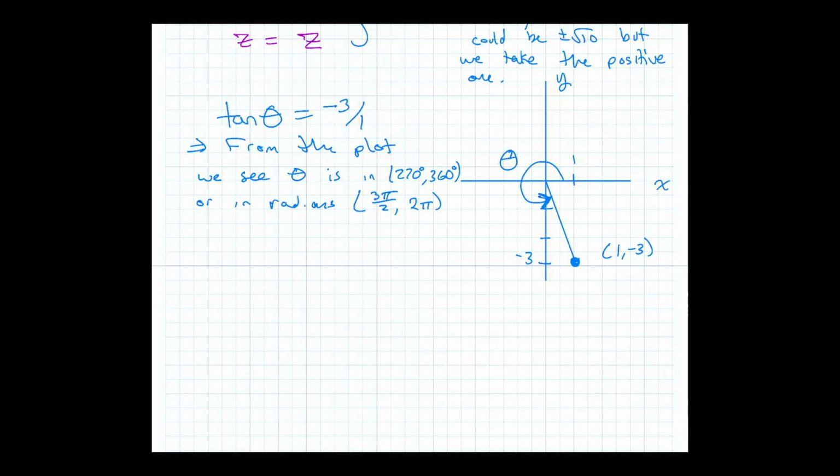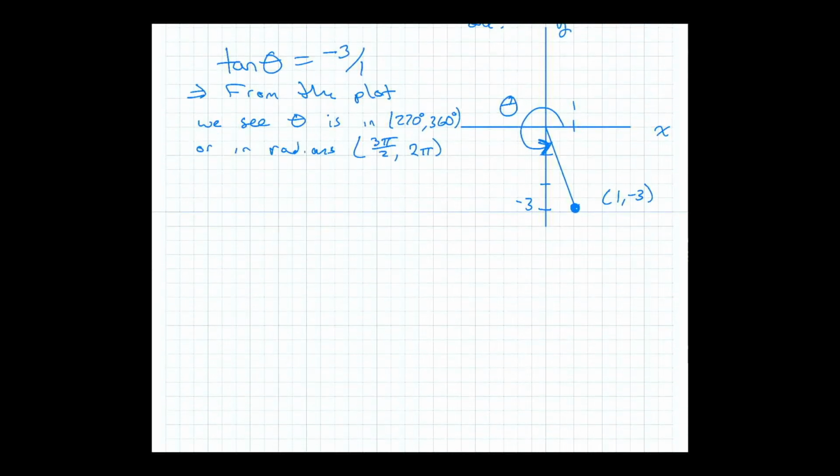Now, when you do the calculation, the inverse tangent, you always get an answer between negative pi over 2 and positive pi over 2.